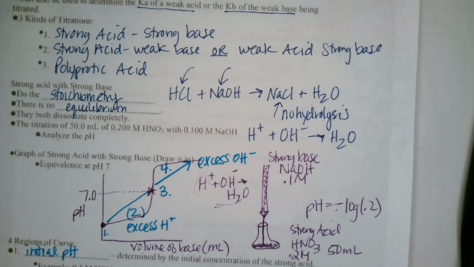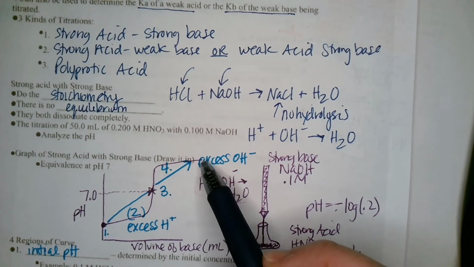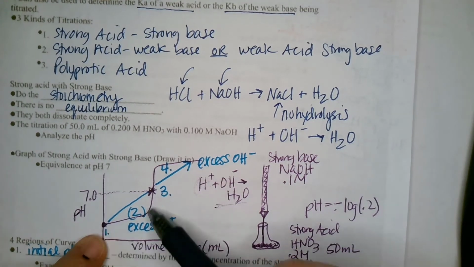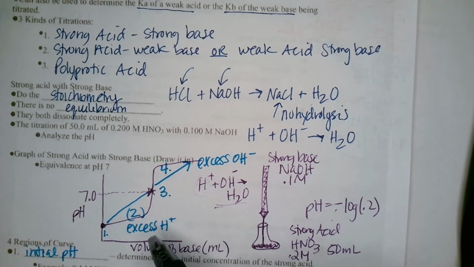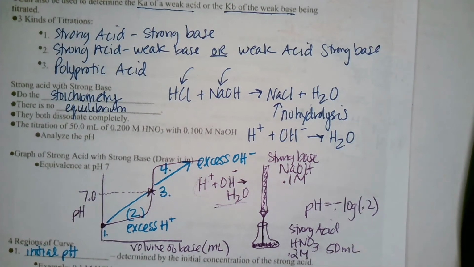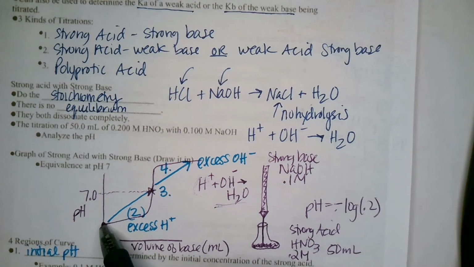And if you think back to our diagram here, let's pretend this was for our diagram. Let's say we started at a pH of, what did we start at? A pH of 2. So we started way down here.